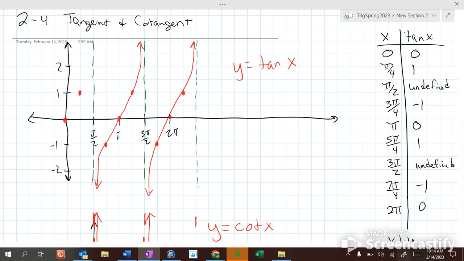If I have tangent of 2x, everything's twice as skinny, everything shrinks down by 2. How many spaces did I go over to get to pi over 2? 2. So I'll go over 1 space and have an asymptote. Instead of going over 6 spaces to get to the next asymptote, it'll only be 3 spaces over.